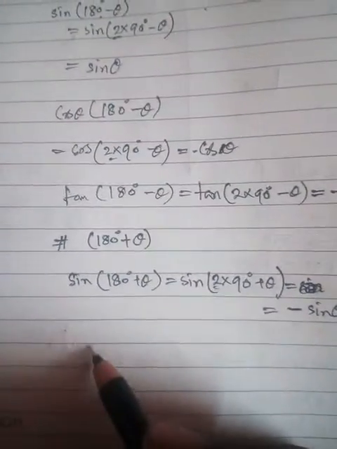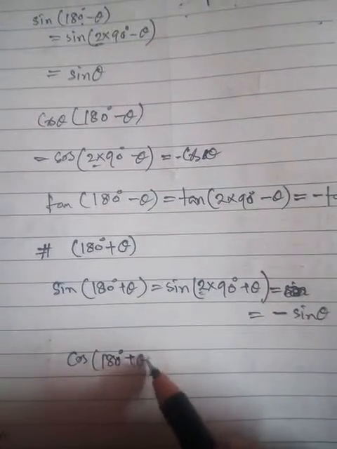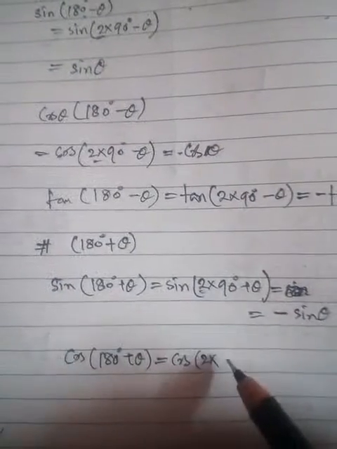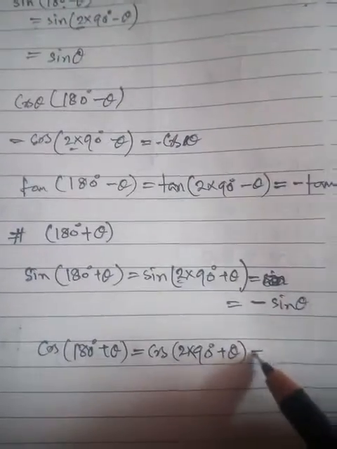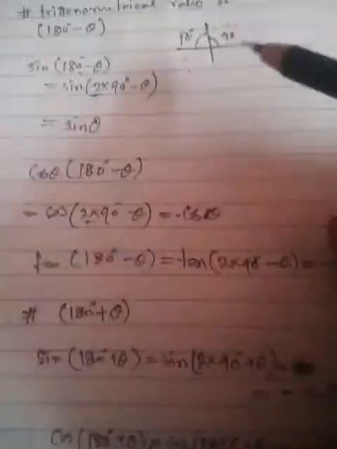Now cos 180 degree plus theta equals cos 2 into 90 degree plus theta, it will also be minus cos theta, because it is in the third quadrant.